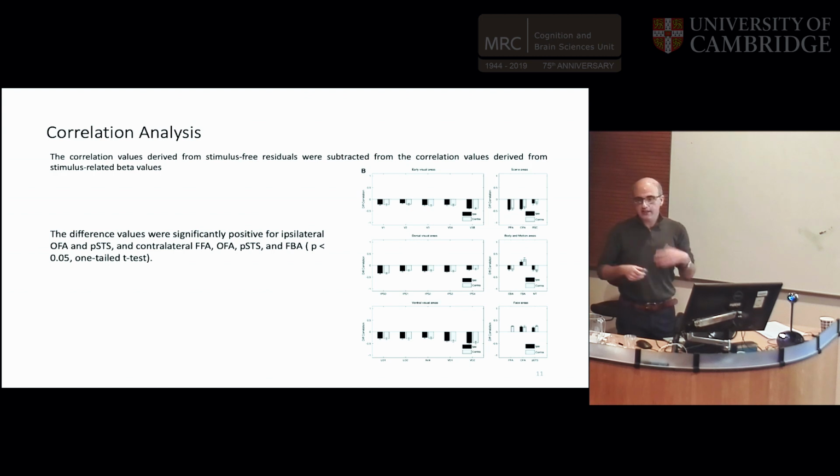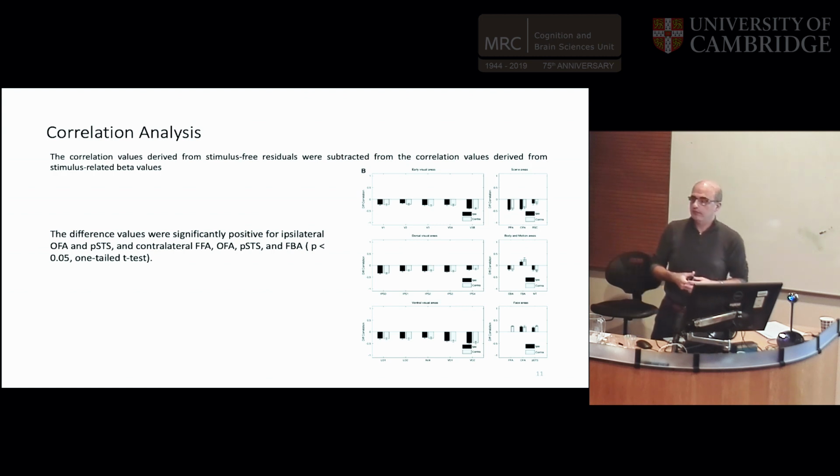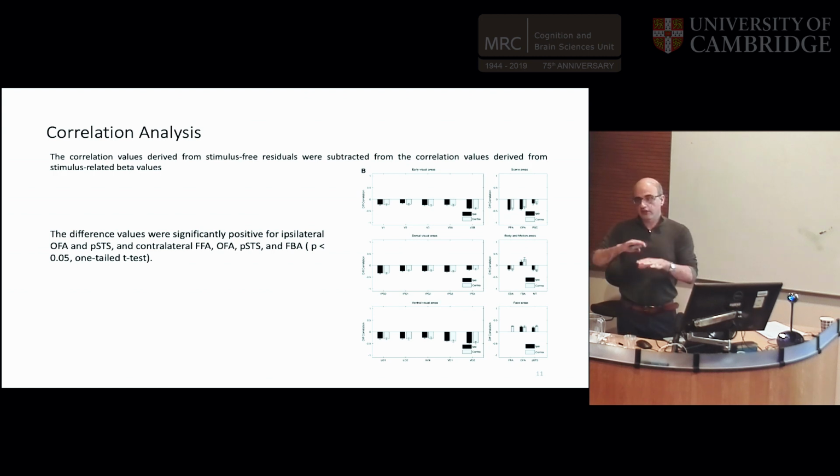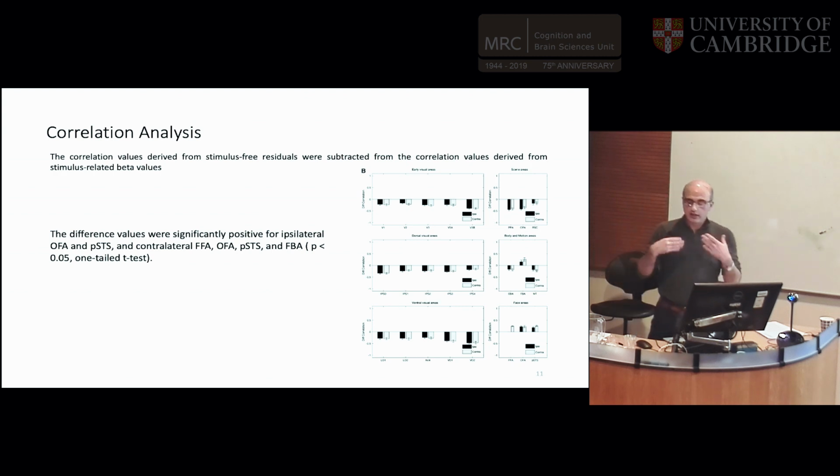However, there are areas that seem to have strong interconnectivity with FFA, and these areas include the body areas and the motion selective area. For these areas, the correlation actually decreases when you remove the stimulus. So actually, the presence of the stimulus increases the correlation.